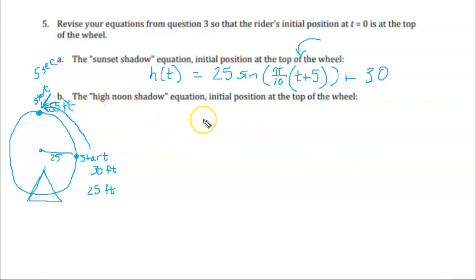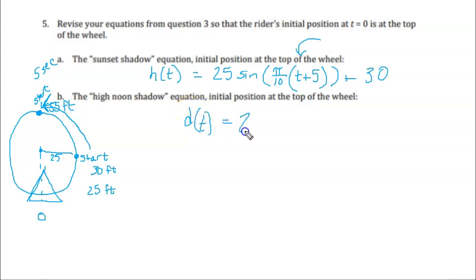Let's try that with our cosine. It's the same thing. If I'm starting at the top, my distance to the left or right is no longer going to be 25. It's going to be 0 because we're right here at the middle, which was the 0 left and right feet. And so again, I want my input to be 0.